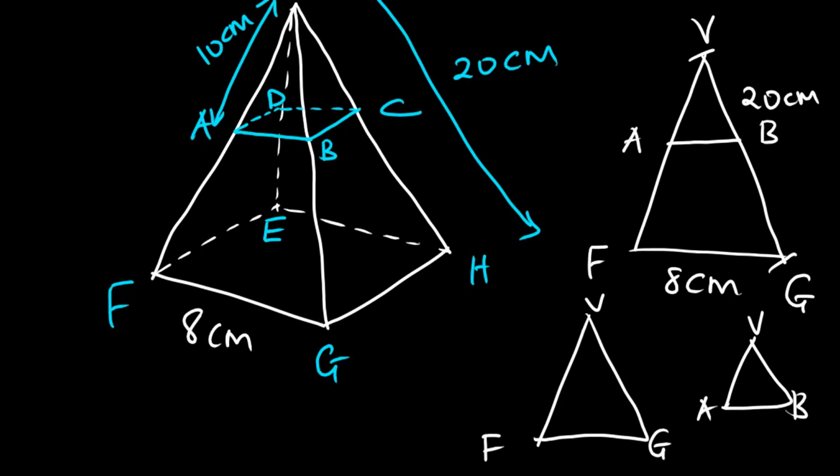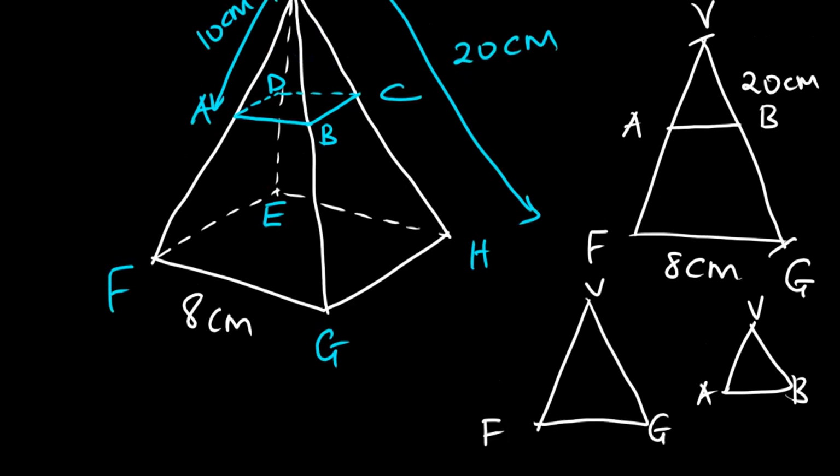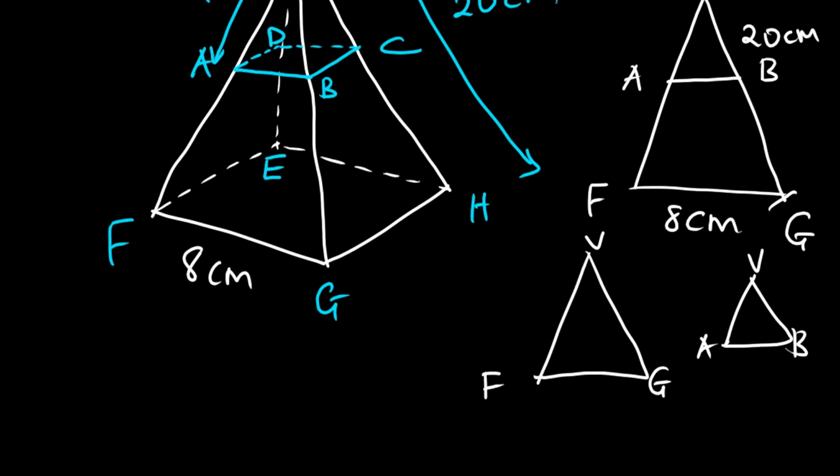So how do we apply the knowledge on similarity and enlargement? We're going to use the linear scale factor. We know this length is 8 centimeters, this one is 20 centimeters, and V to B we know is 10 centimeters. We are required to get AB.